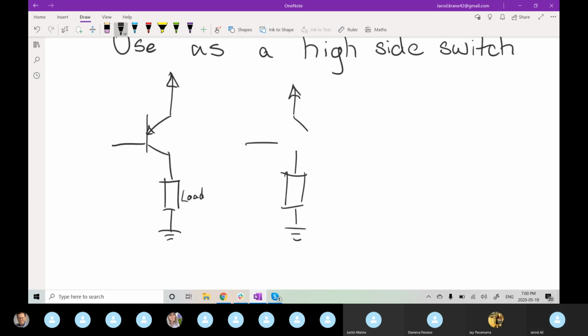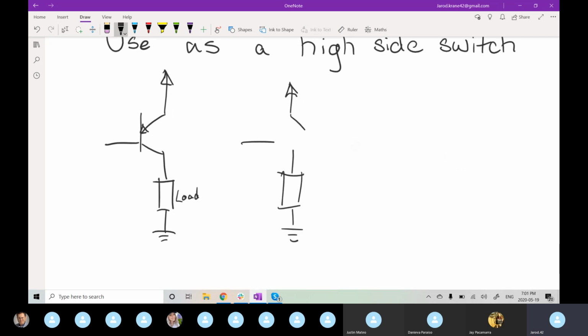But when you're using them, you'll often see that if you want your system to function with a PNP, it would be placed above your load, whereas an NPN is placed underneath.